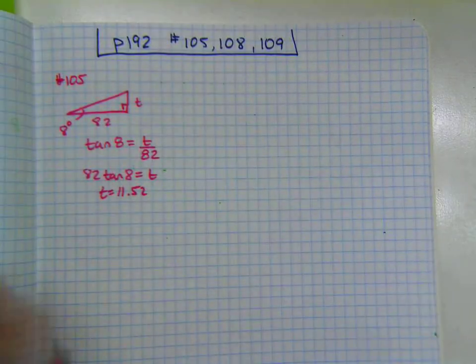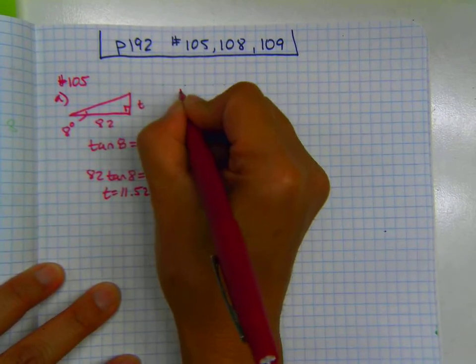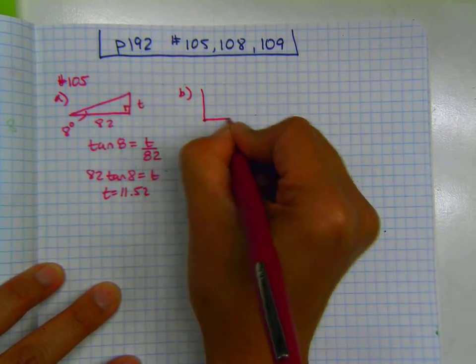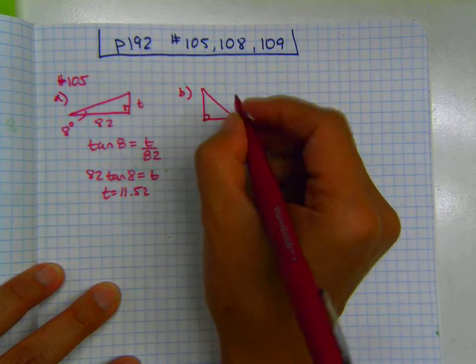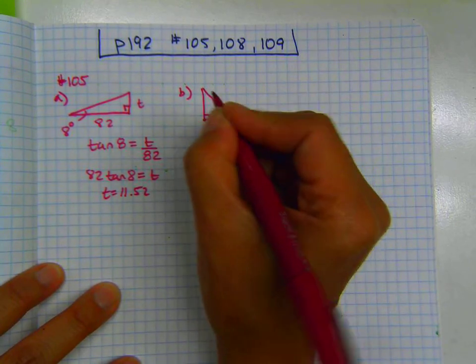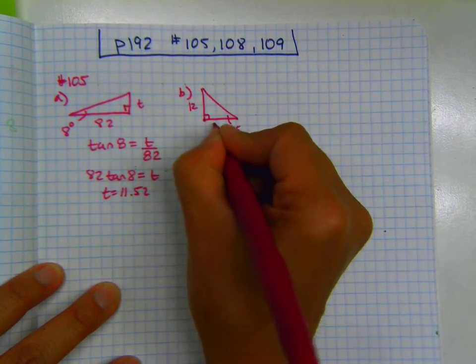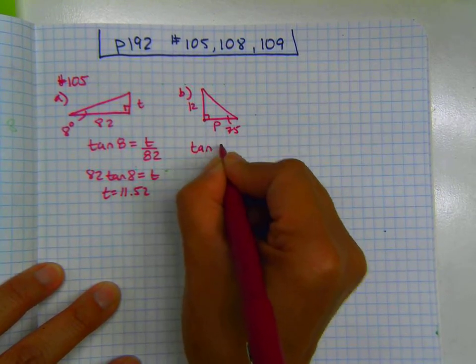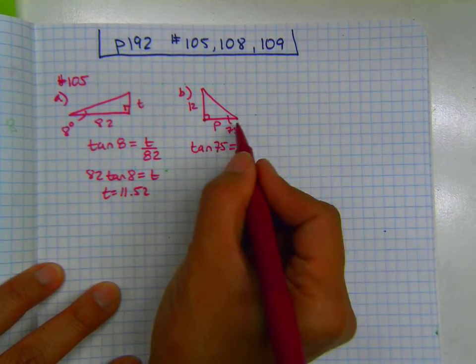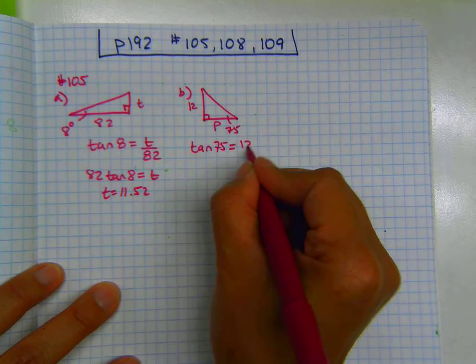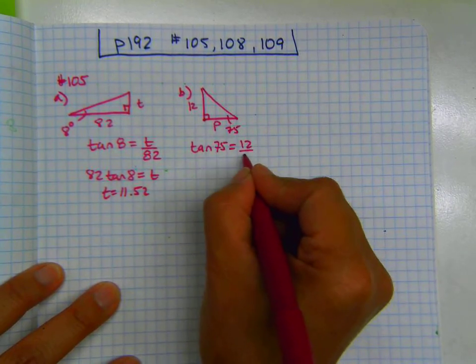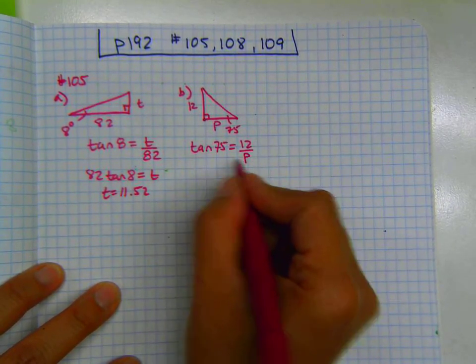All right, let's do B. You have a 90-degree angle. This is 75 and 12 and P. So tangent of 75 equals opposite, which is the 12, over the adjacent, which is P. So I'm going to have to fraction bust this.